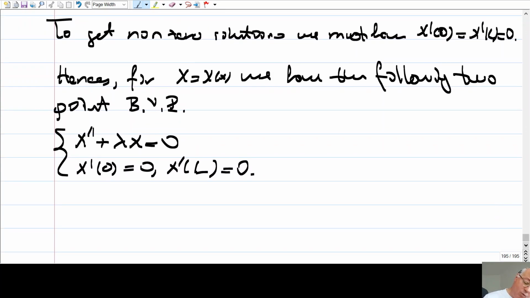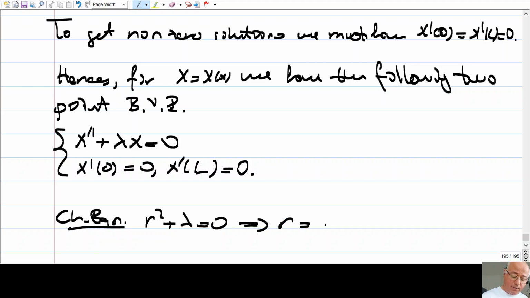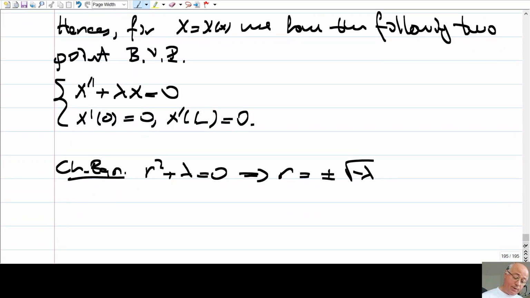So this gives us what? Let's see. Well, we write its characteristic equation. It is just r squared plus lambda equals 0. And from this, we have r is plus or minus square root of minus lambda. Well, we have cases as usual. Case 1, lambda is negative.